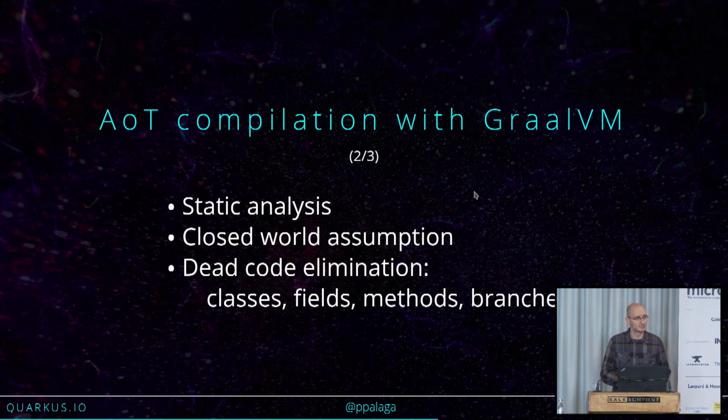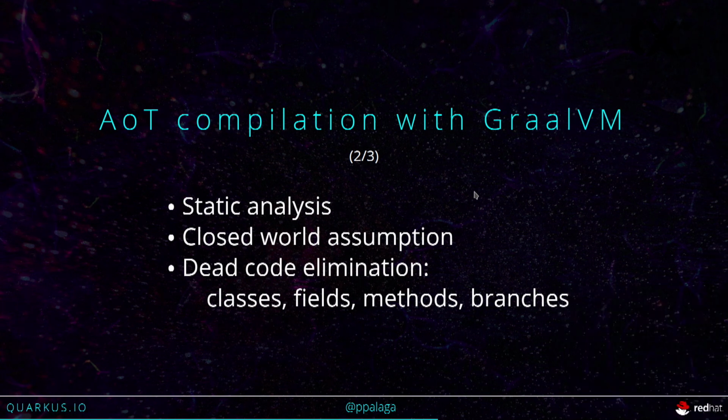It means that every piece of code that will be needed at runtime is known at build time. And if you think of it, that's quite a strong assumption that will impose lots of limitations on what you can do inside your Java code. And that's exactly why things like reflection and dynamic class loading are either limited or won't work at all.